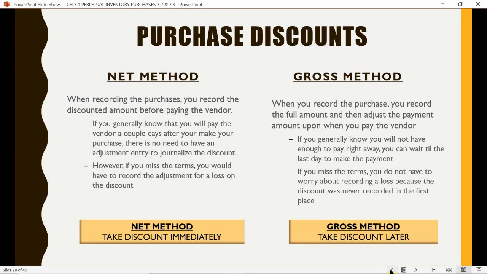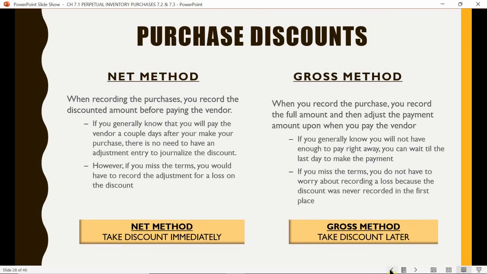You look on your paycheck: your gross amount is what you've earned in general, and your net amount is how much money you're left with after taking all the taxes out. Same idea here. The net method is you look at what you purchased and you take the discount immediately. Whereas with the gross method, you record it at original cost and then you wait until you pay for it. And if you made the discount period, then you pay for it.